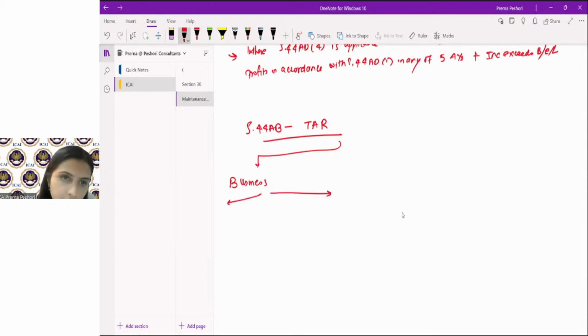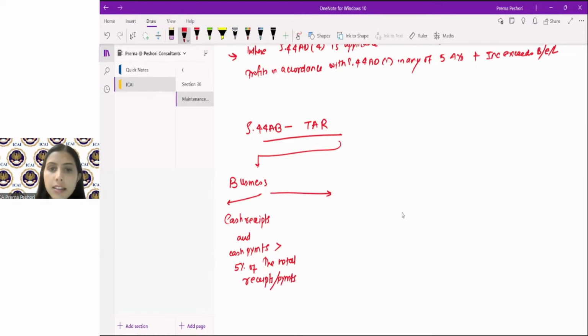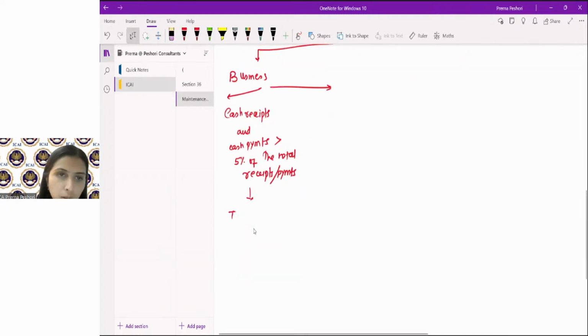If the cash receipts and the cash payments are greater than 5% of the total receipts or payments, then the condition is if the total sales or total turnover or gross receipts greater than rupees 1 crore. Greater than rupees 1 crore, right?